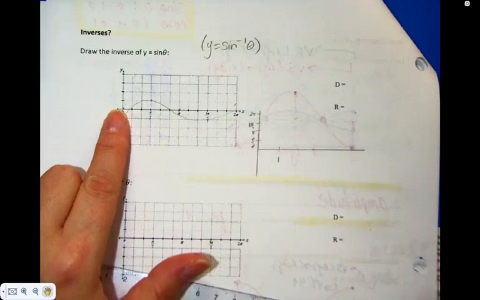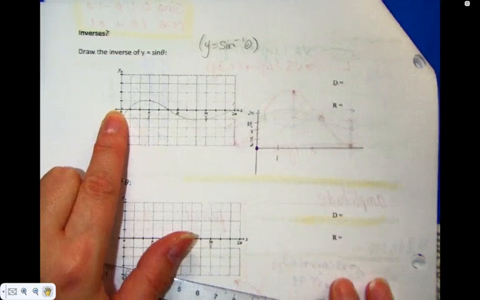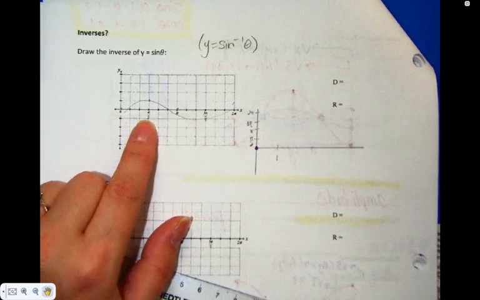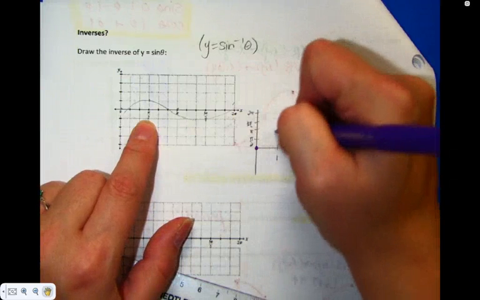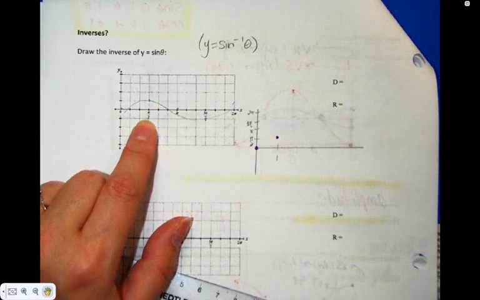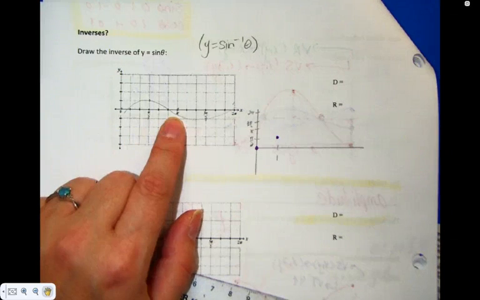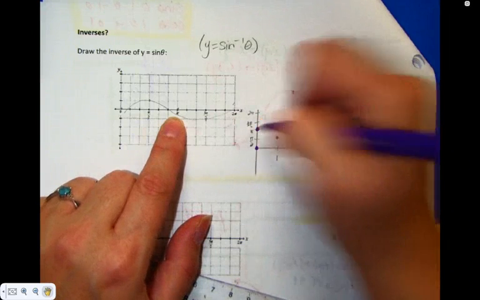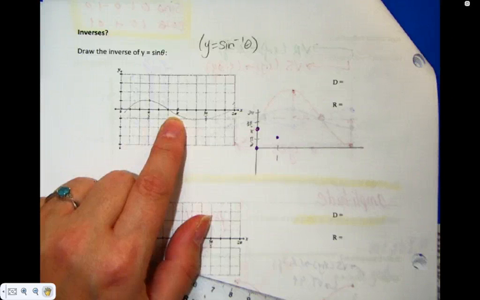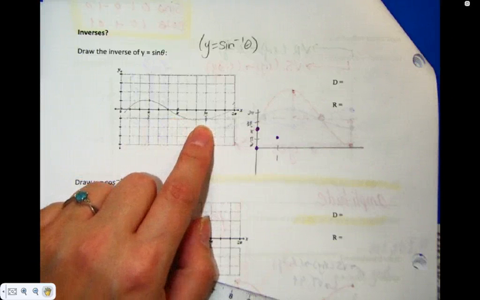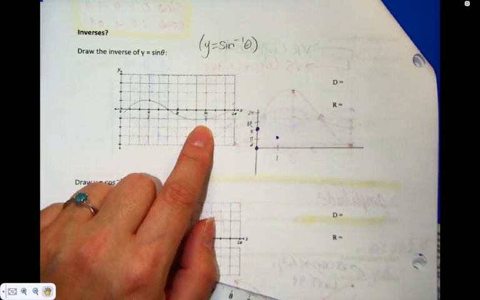Okay, so 0, 0 we know is going to stay at 0, 0. Pi on 2, 1 is going to become 1, pi on 2. Pi, 0 becomes 0, pi. 3 pi on 2, -1 becomes -1, 3 pi on 2.